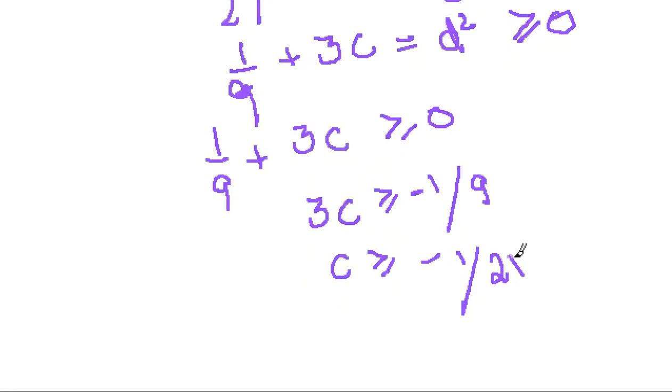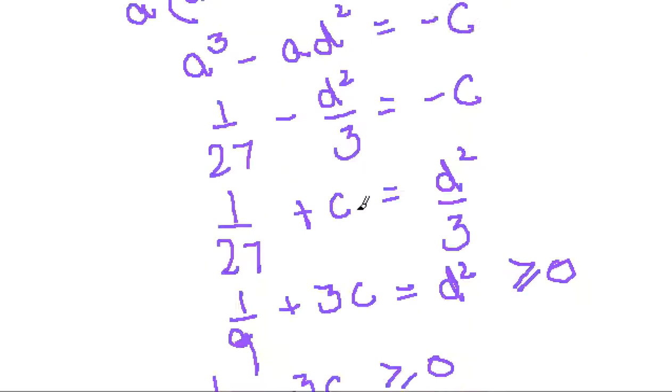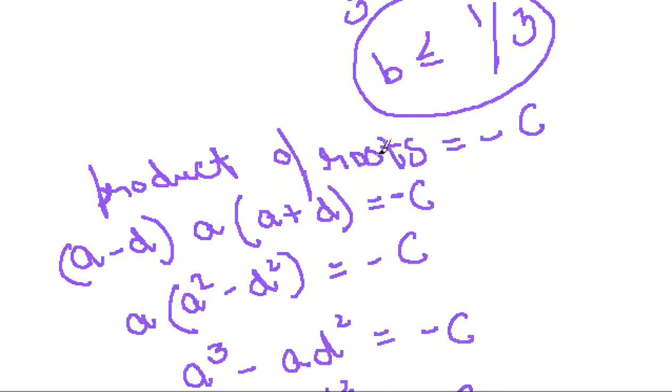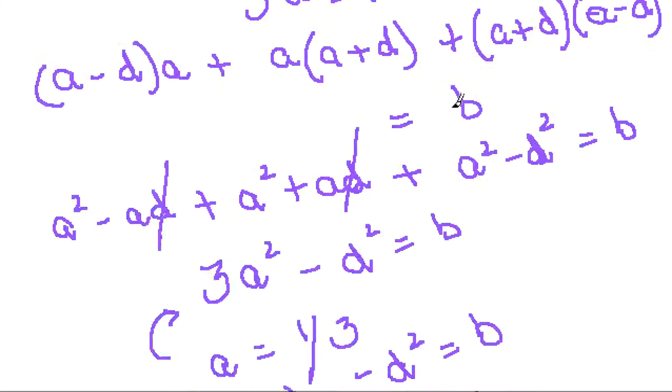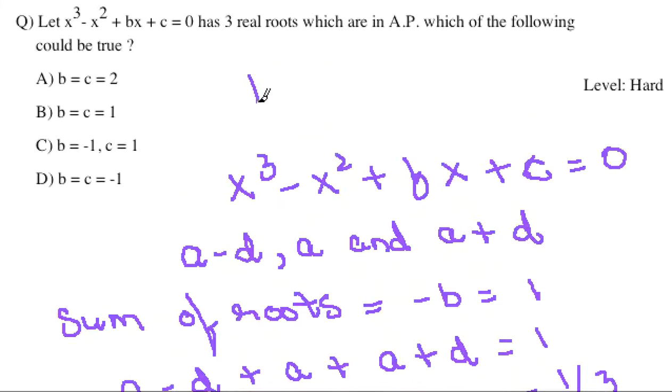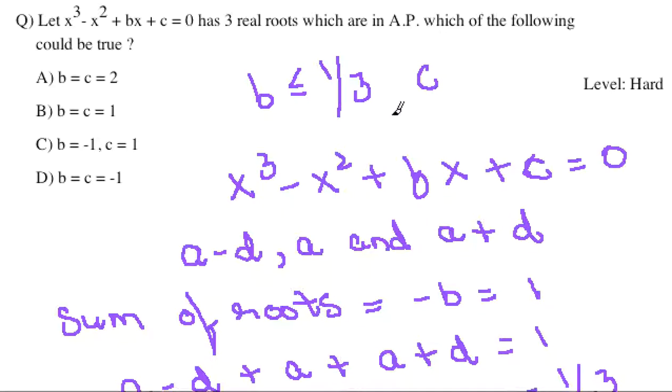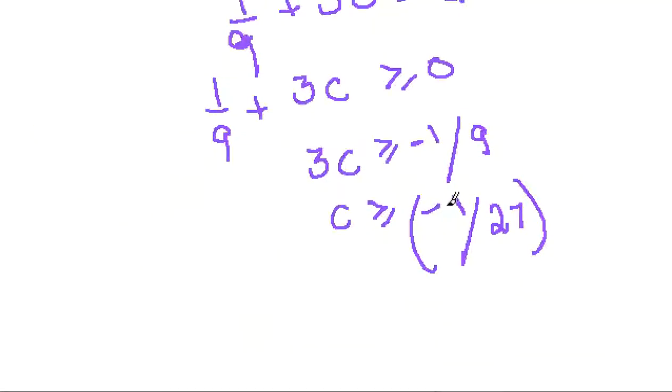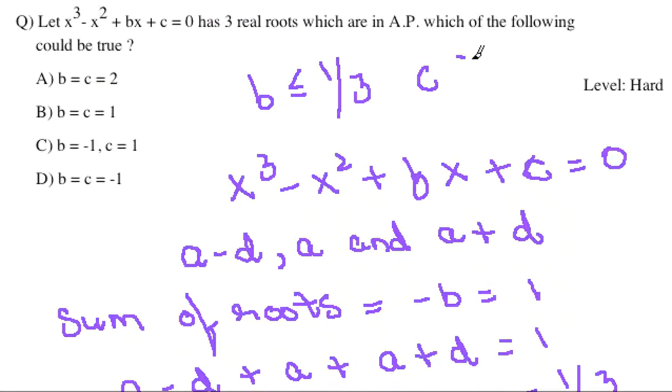We divide the whole equation by 3. So c has to be greater or equal to minus 1 upon 27, and we had b less than or equal to 1 by 3.